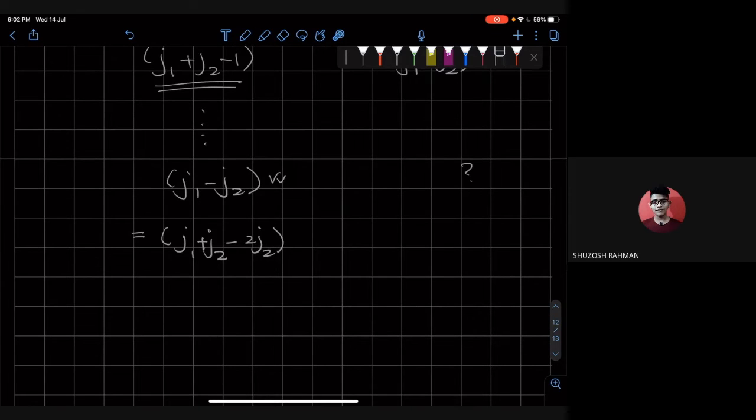And that will also give me, what numbers do I expect here? Well, the number that I should get, because I know this thing, so I can get the dimension very easily: 2(J1 plus J2 minus 2J2) plus 1. Wouldn't there be a plus 1 or something? Right. Okay.